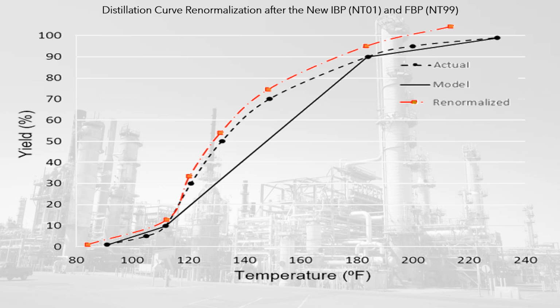If in an optimization problem the new IBP, NTO1, and FBP, NT99, change to 85 and 214 Fahrenheit degrees, respectively, we expect a hydrocarbon amount increase in the front end, lighter fraction, and decrease in the back end, heavier fraction, of the distillation curve, which means that the front end of the gasoline in the optimized problem receives heavier hydrocarbon fractions from its lighter adjacent neighbor, and the back end is reduced, giving material to its heavier adjacent neighbor, both with respect to the extrapolation in the initial, front end, and final, back end, of the distillation curve.